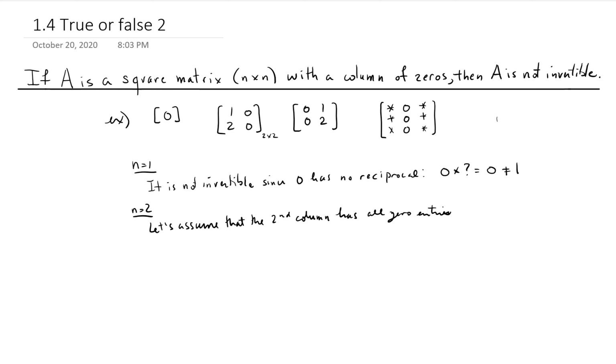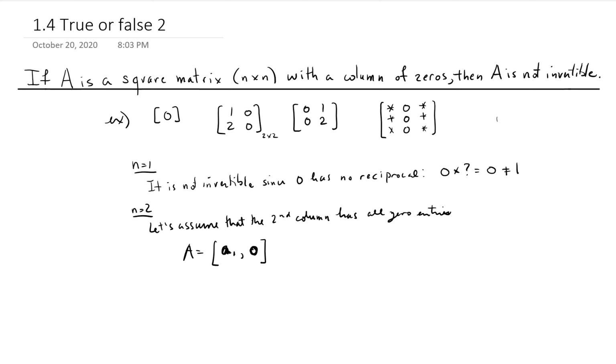So that means that A would be some matrix with some column, which I'm going to call A1. Maybe I'll put that in bold because it's kind of like a vector, the whole column. And the column of zeros, I'm going to put that in bold too, since it's a vector.